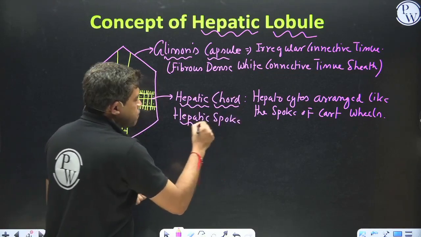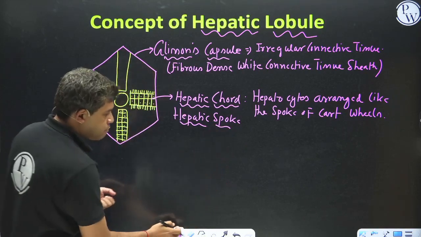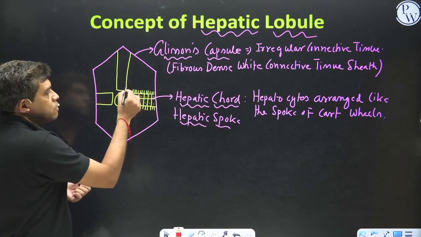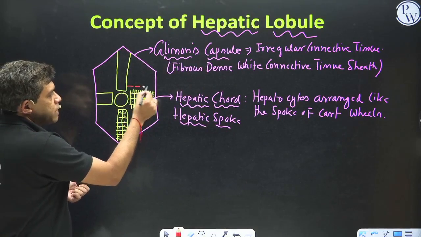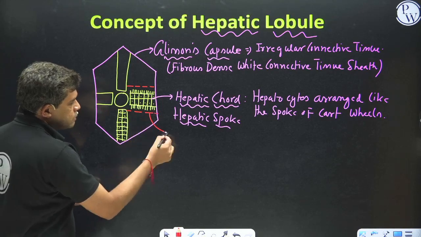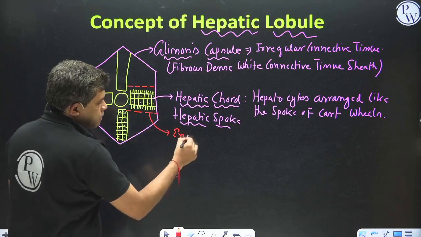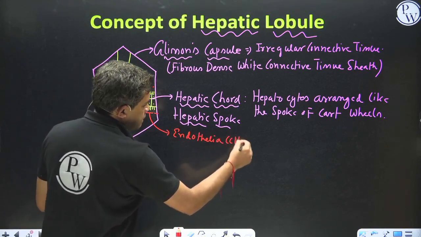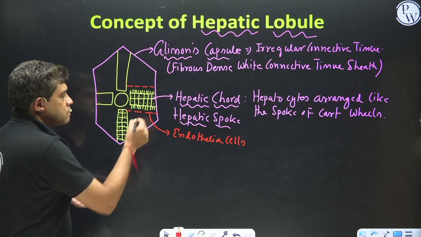So this type of arrangement, and you can see that every hepatic cord is surrounded by endothelium. These are called the endothelial cells. Understand?